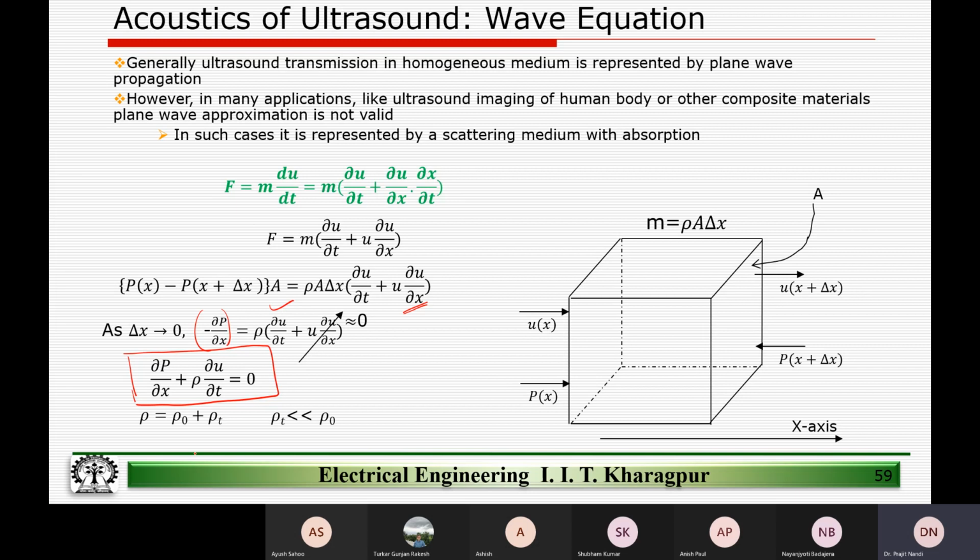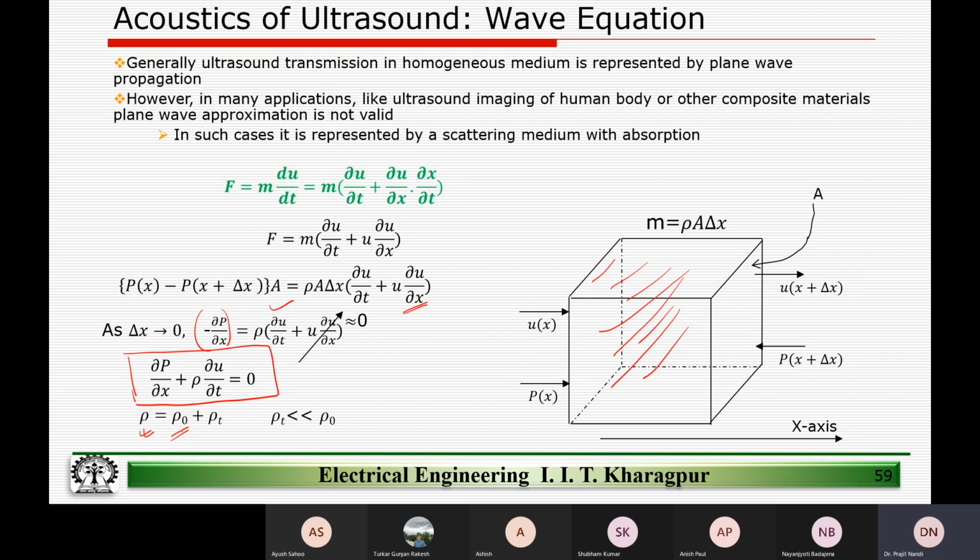And also what we said is the density of the fluid through which the sound is propagating, the density of this fluid inside this cube, is also a function of time. So the density has a DC component in electrical terms, meaning a time invariant component, which I'm writing as rho 0.